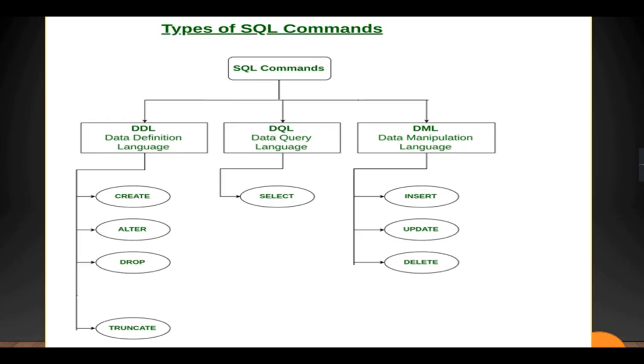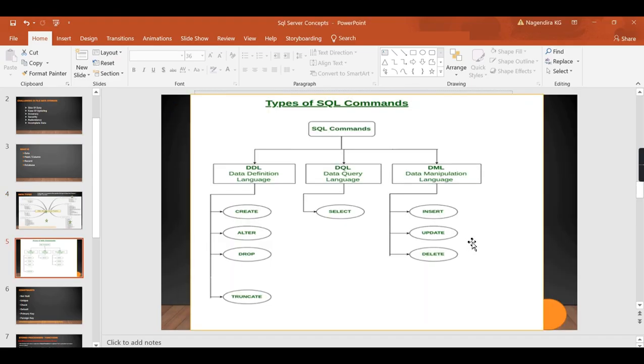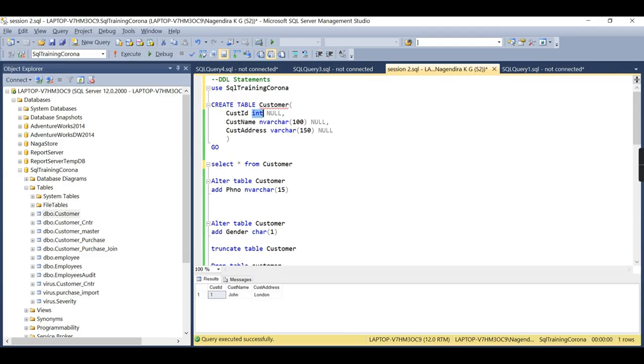Moving on to the SQL statements. Once again, let me start creating it. This is the create table that we have already created, and we added one record into it. Now we have defined integer, varchar and varchar.